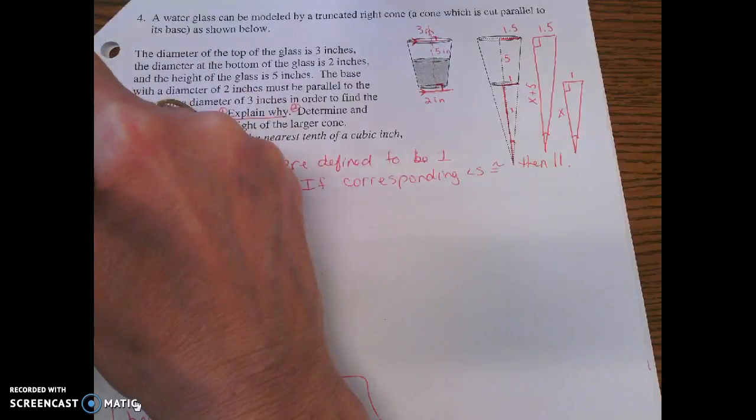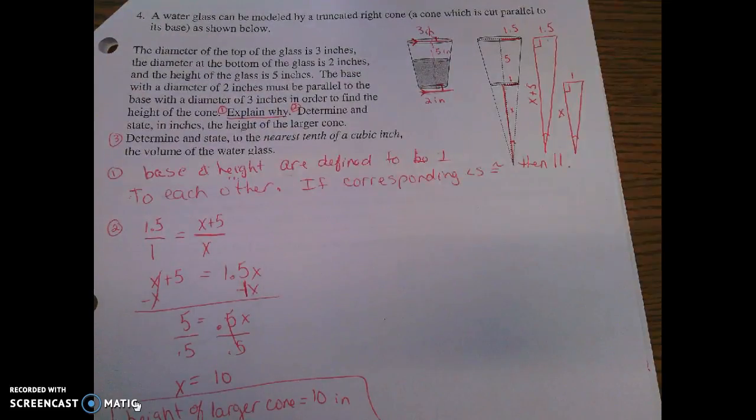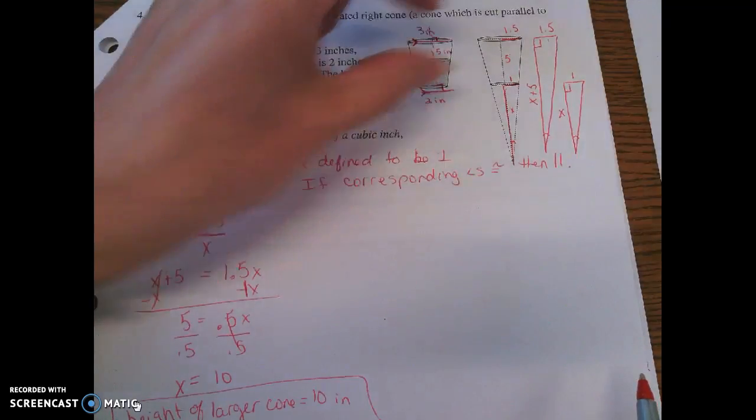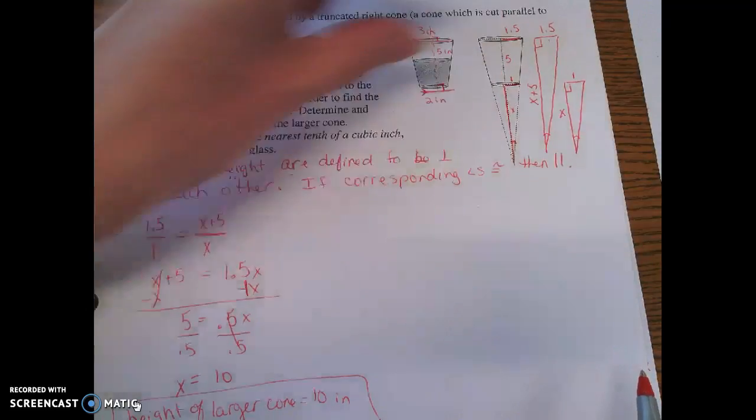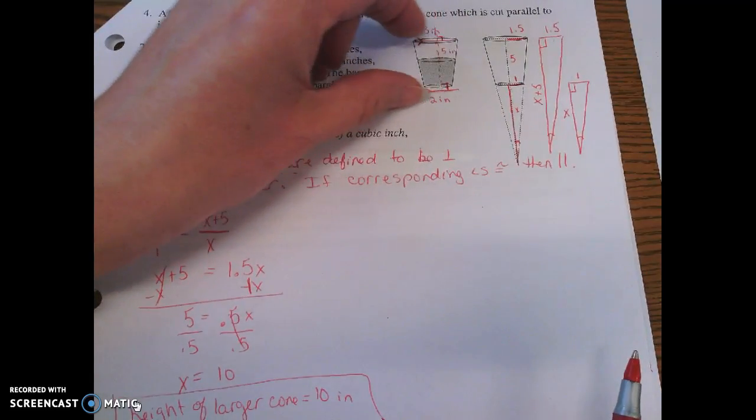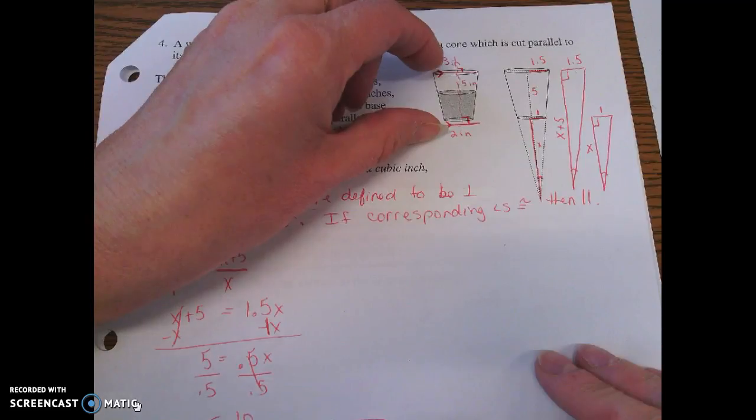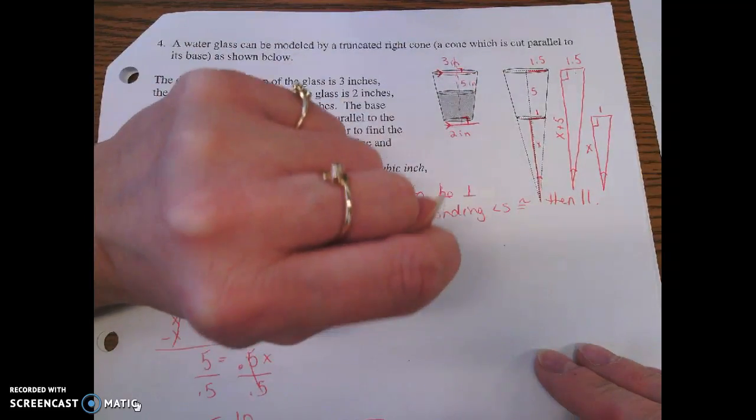We have a follow-up question: determine and state to the nearest tenth of a cubic inch the volume of the water glass. The volume of the water glass is just this top part. We don't have a volume formula for a cup, but we do have a volume formula for a cone.